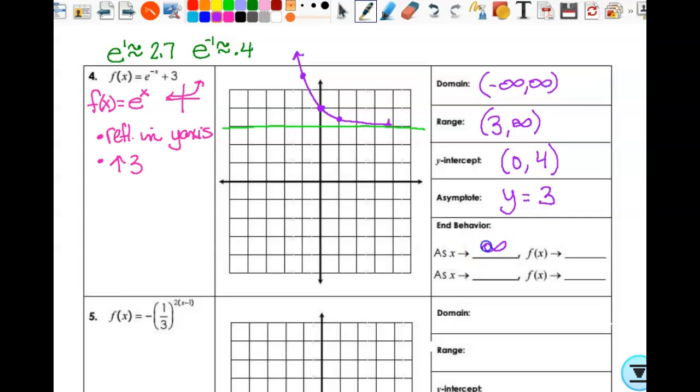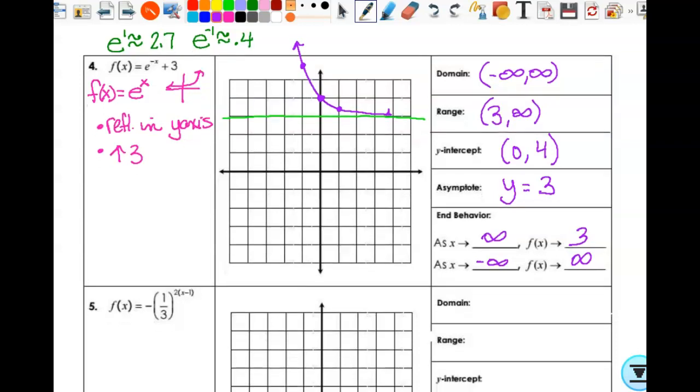As x approaches infinity, f of x approaches what? 3. As x approaches negative infinity, f of x approaches infinity. Any questions at all about anything? All right. Good deal. Then let's look at number 5.